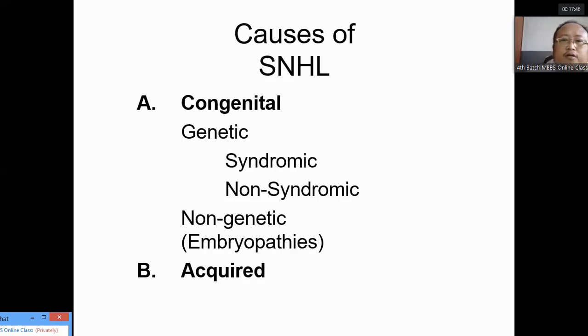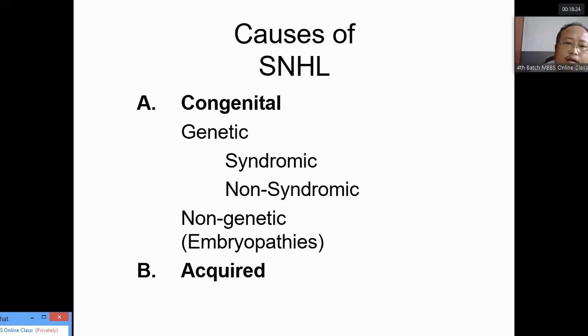So let's go to the causes of hearing loss. It can be divided simply into congenital and acquired. In congenital: genetic, syndromic, non-syndromic. I'll be discussing just the important parts of hearing loss, and the other parts will be discussed in the receptive classes, when there is a discussion about how to examine a child with hearing loss or an adult with hearing loss.